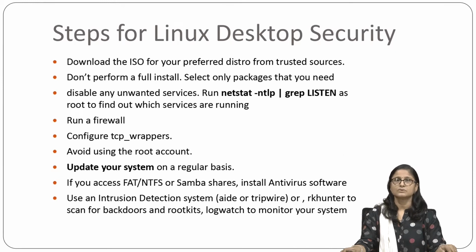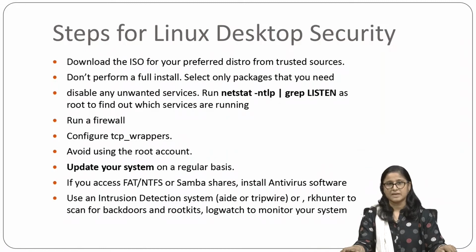In addition, you can use RKHunter to scan for backdoors and rootkits, and Logwatch to monitor your system, right? So these are the basic steps for providing security in the Linux desktop, right?